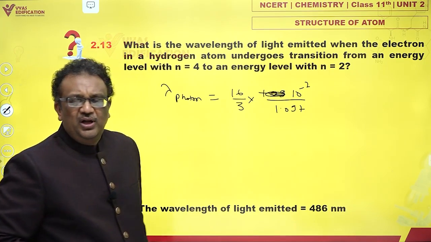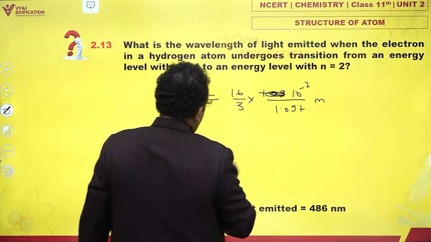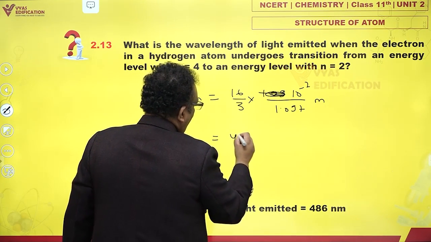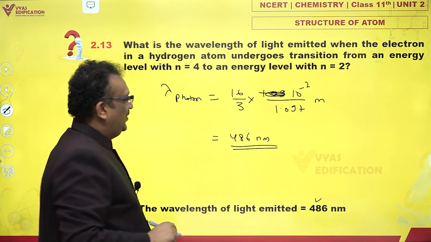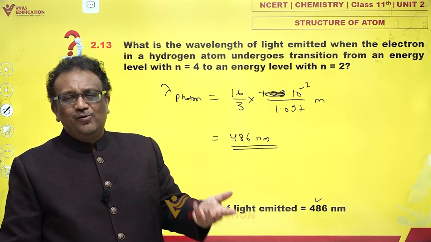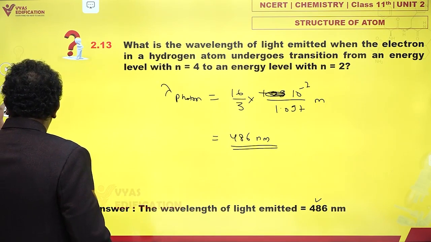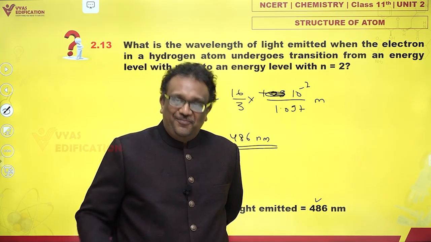This is how it would look. Let's solve this out, so many meters. And this comes out to be 486 nanometer on solving. You want to get to the exact number? Calculation obviously is left to you, but if you want me to show the calculation parts also, I would love to help.